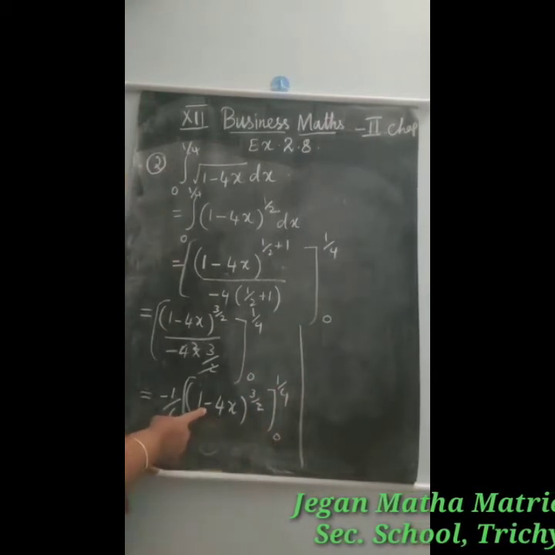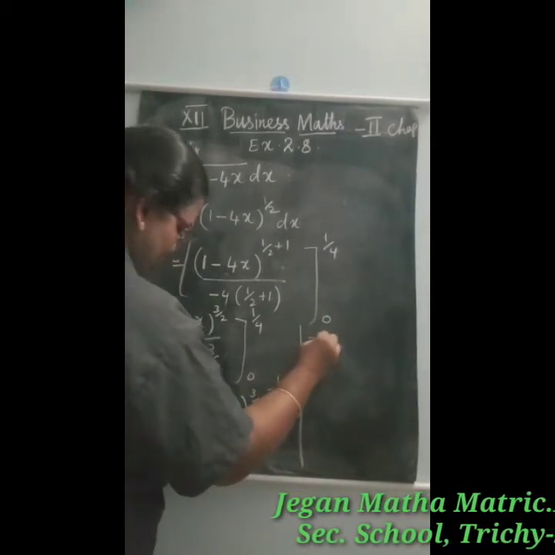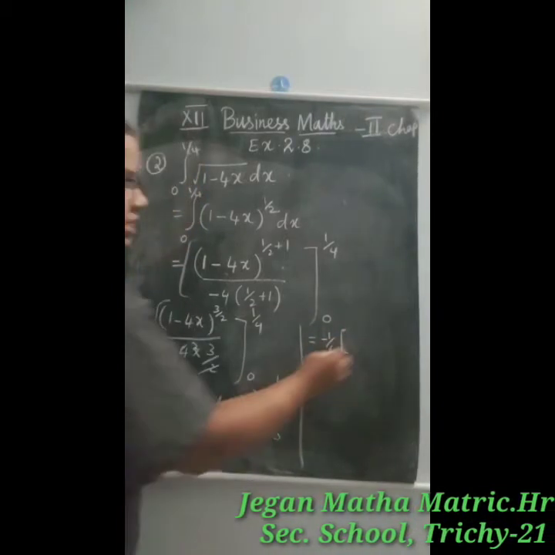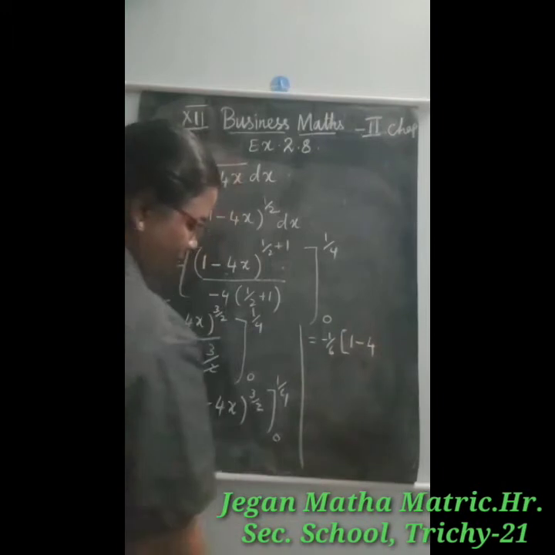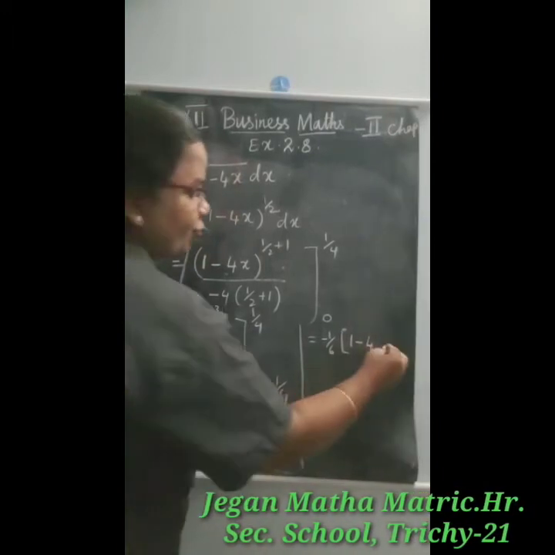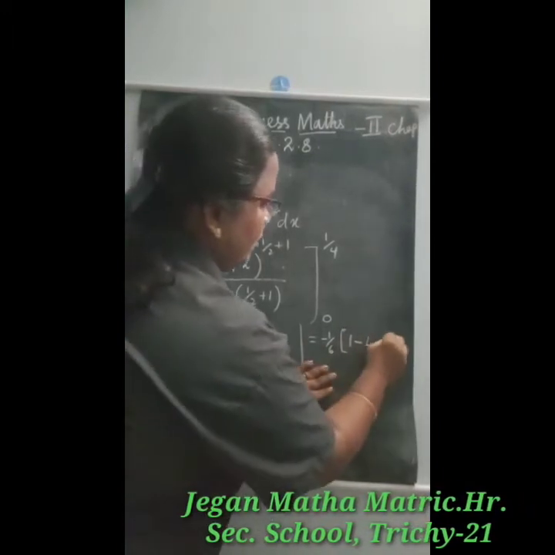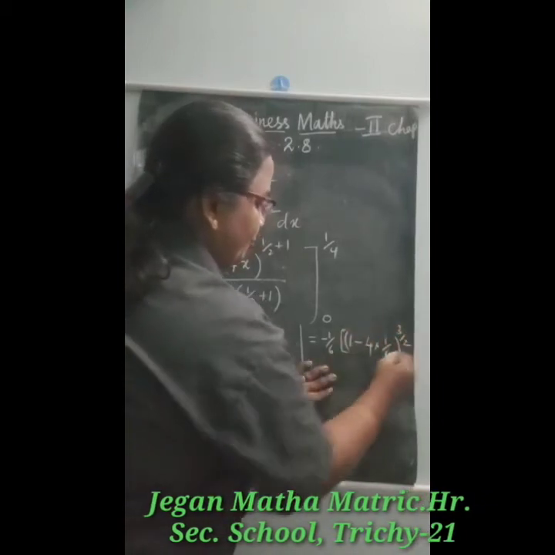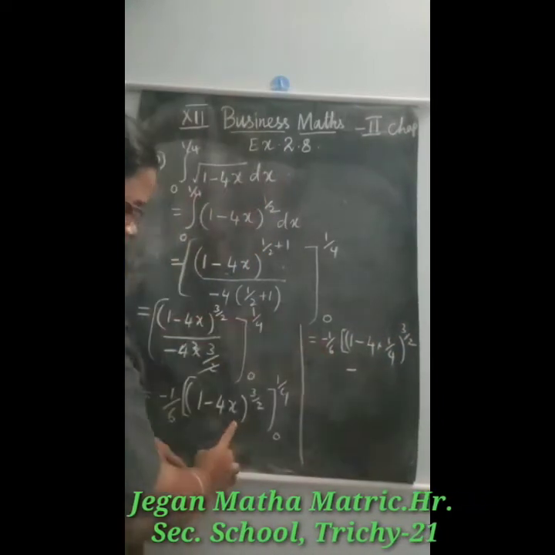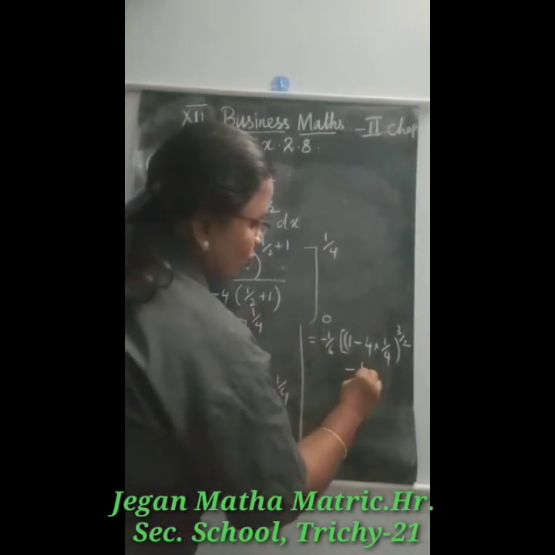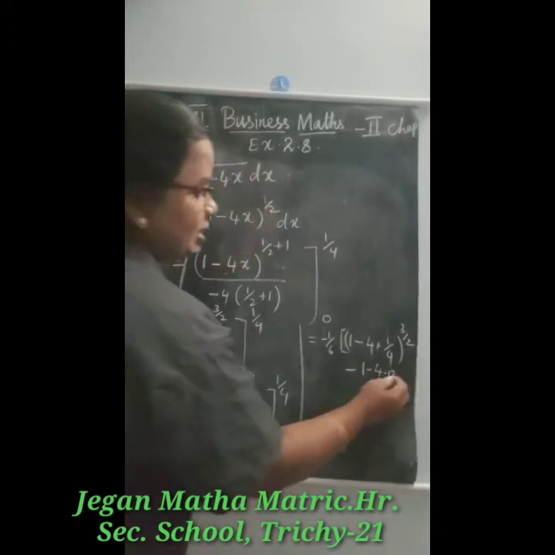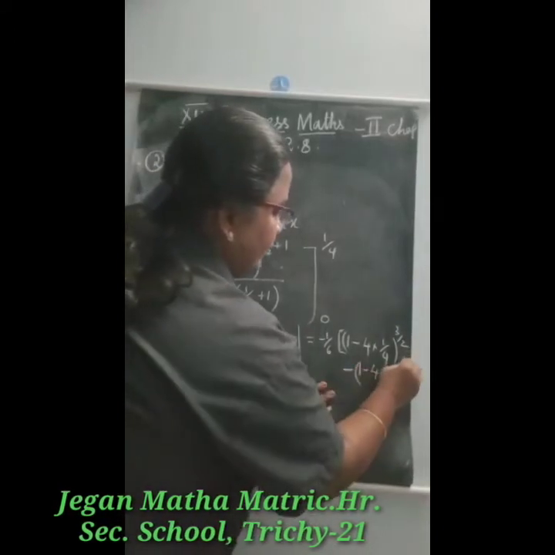First substitute 1 minus 4 into 1 by 4, the whole power 3 by 2, minus 1 minus 4 into 0, the lower limit, the whole power 3 by 2.